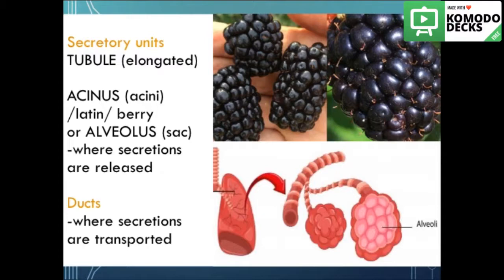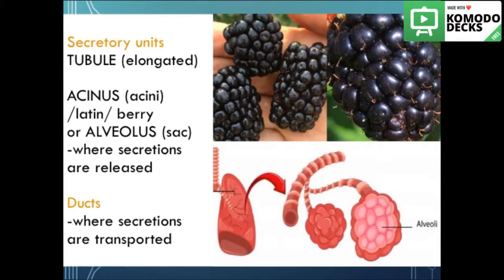So, to be more specific about the terms, as we have promised, the secretory units have a morphology of tubuloacinar or tubuloalveolar, sometimes, as you find in some books. Tubule means the elongated structure. The acinus is berry-like.